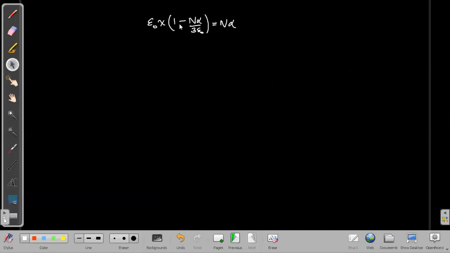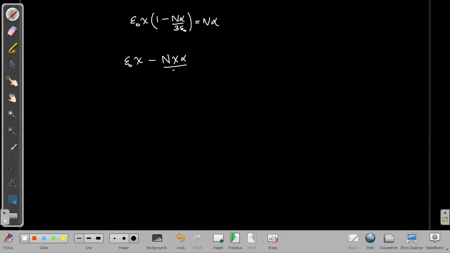Okay, so we can just modify it to reach the Clausius Mossotti equation. Some rearrangement may be required. So I can write this product of two times epsilon 0 chi; minus epsilon 0 would cancel N chi alpha by 3 times N alpha.